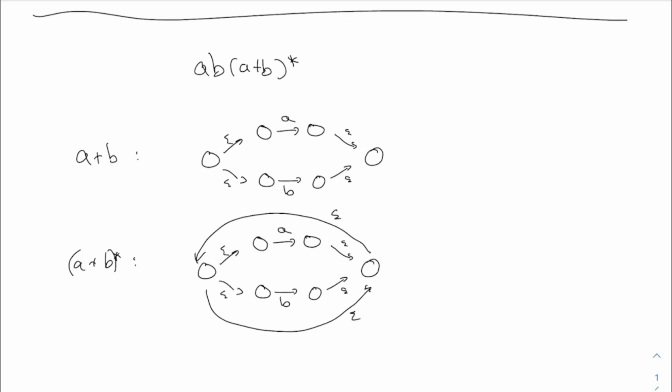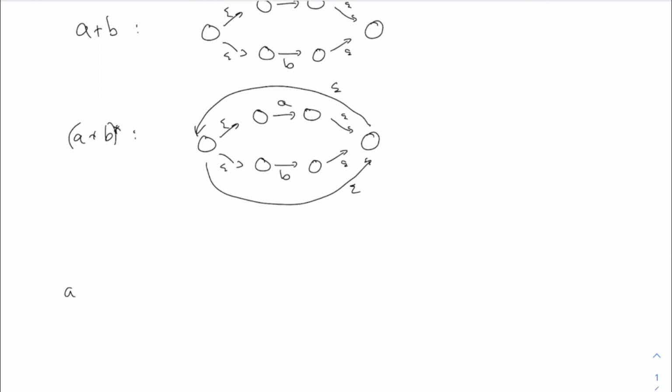And our final answer really is just that, but it has an A and the B on the front. So that also I can more or less copy and paste A plus B star. I start with A, then B, and then it goes into this thing. So actually this thing can just become this next state, or you could make an epsilon into this other one.